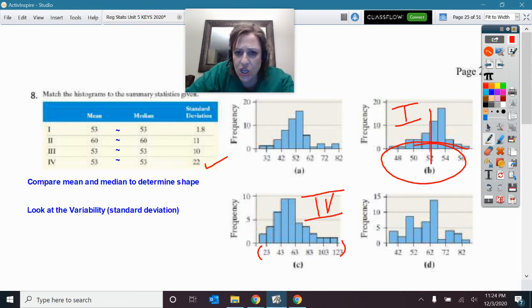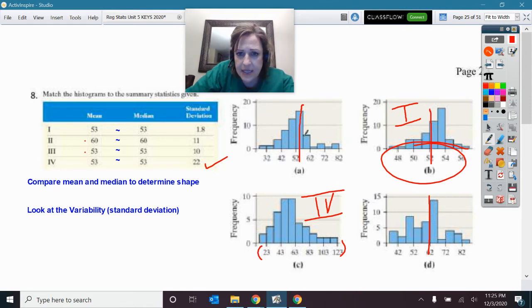Okay, so then these two here. This one looks to be a little bit more spread out, 32 to 82, as compared to here, which may have been like 35 to 82. But those are so close. So maybe I should examine these centers. Which one seems to be centered at 60 as opposed to 53?